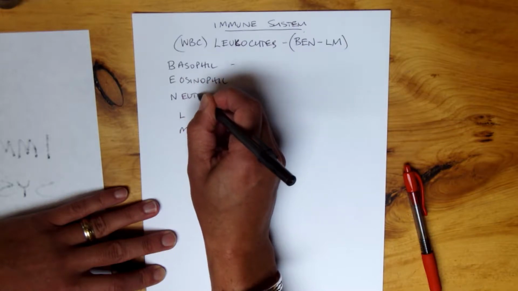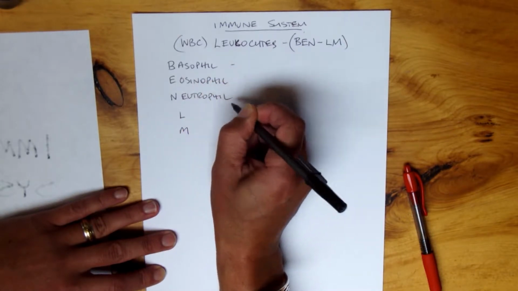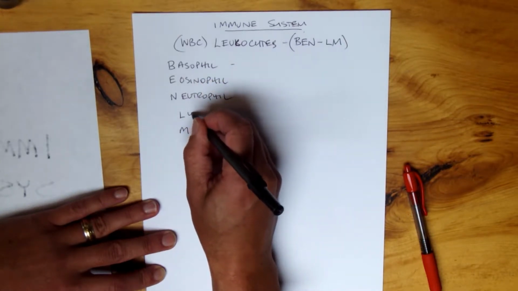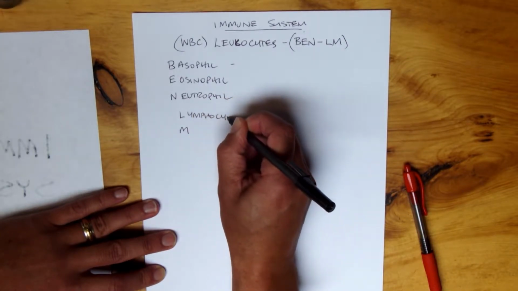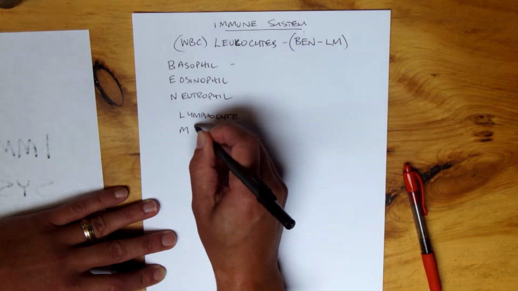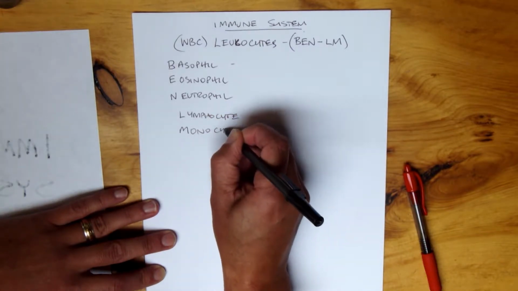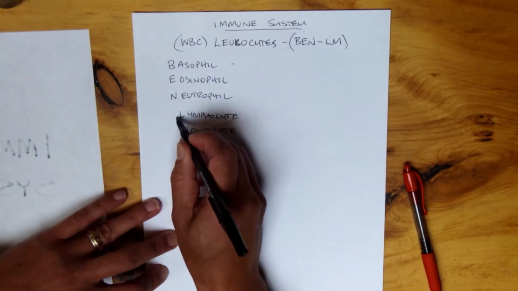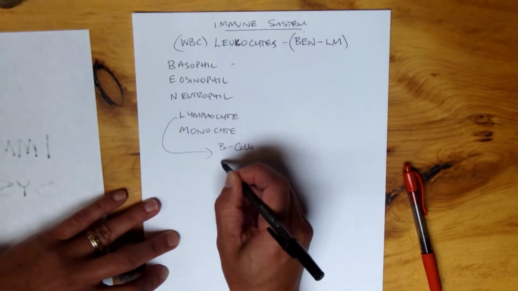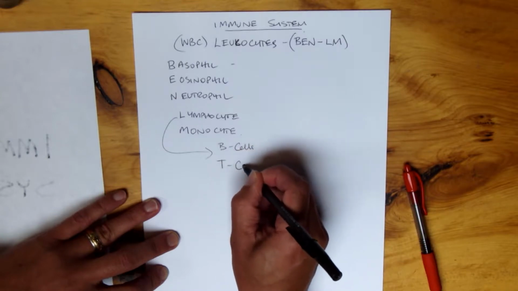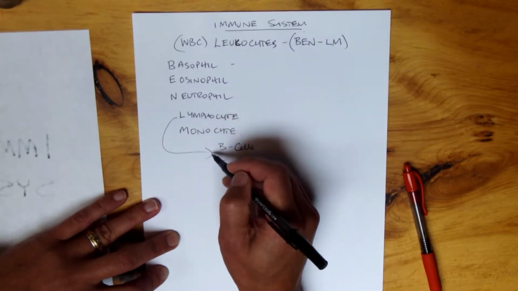Neutrophil. And this one is for lymphocyte. And this one is for a monocyte, right? And then we can branch the lymphocyte off again to B cells and T cells, different types of lymphocytes.